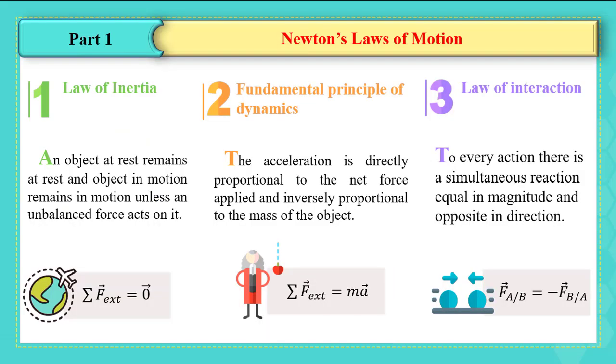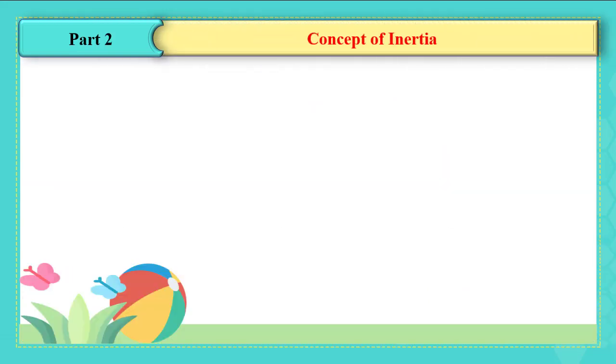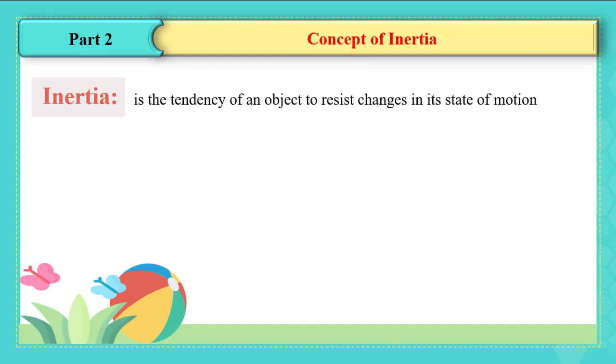Now we can move to Newton's first law, the law of inertia. But what is meant by inertia? Galileo was the first to talk about inertia. Inertia of a body is its resistance to any change in its velocity, magnitude, and direction.